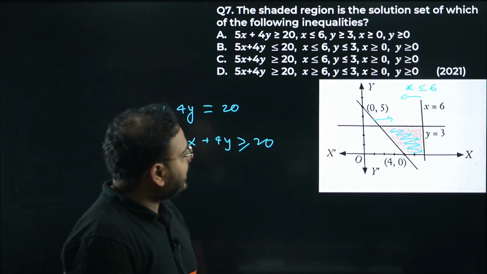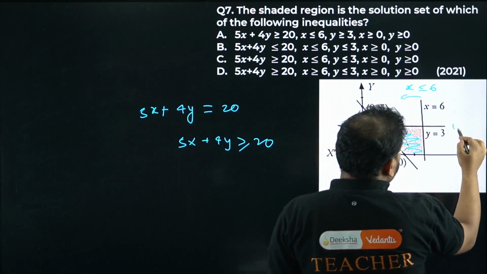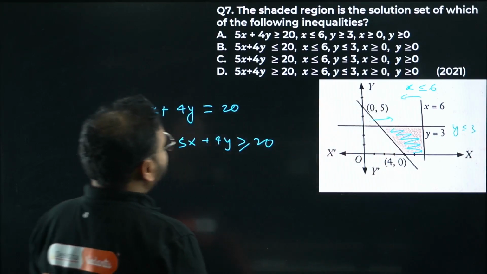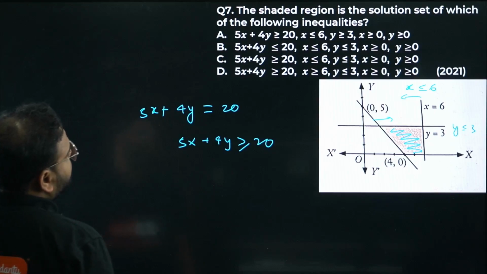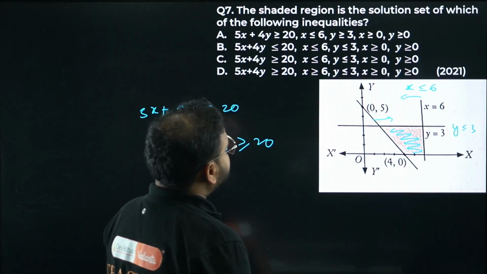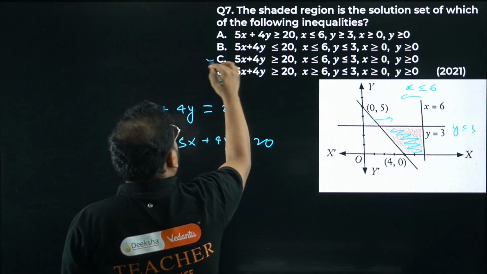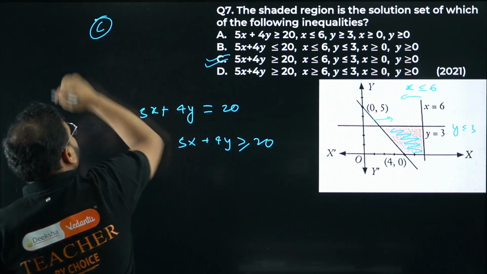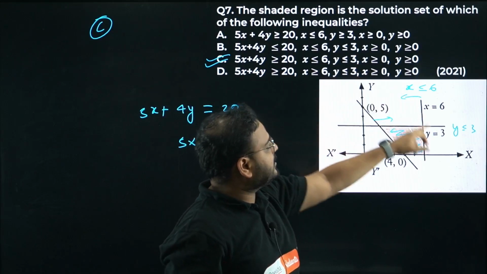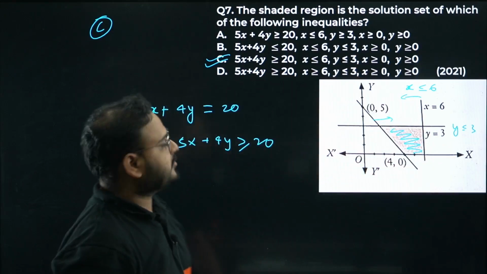Correct? And for y equal to 3 I want y less than, because below. So less than or equal to 3. Please check. So which option is suitable now? I think option C looks good. X less than 6, y less than 3. Yes, option C is correct. Please check. First constraint is over here, second constraint is over there, and third one is over here. So we have all the three constraints known now.